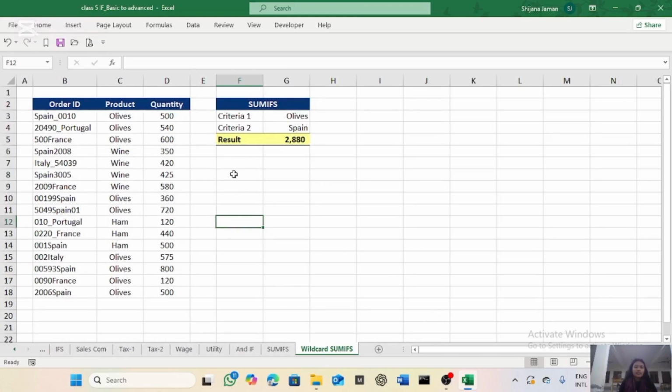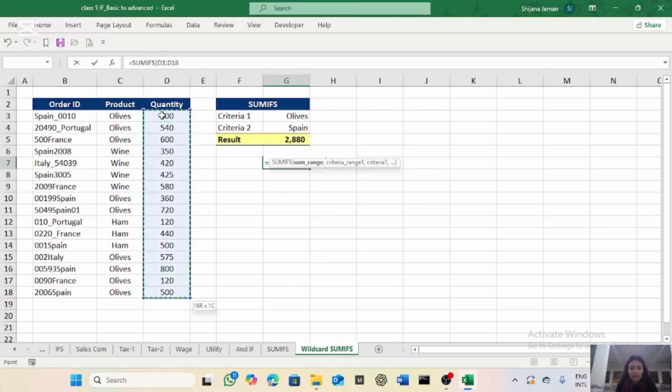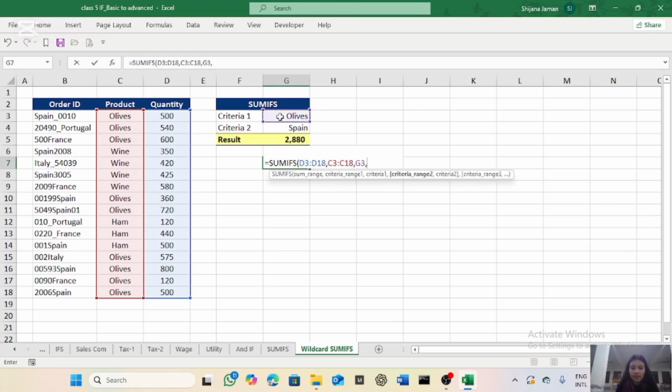Now we have some wildcard samples in our order ID. So for this one we have to press equal SUMIFS, sum range means quantity range, comma, criteria range 1 means products, comma, criteria 1 olives, comma, criteria range 2 means our country names, but our country names have some wildcards, so we select the entire range, comma, criteria 2 means Spain.